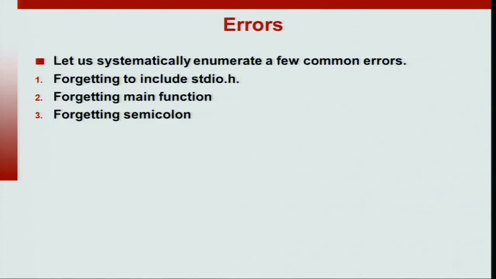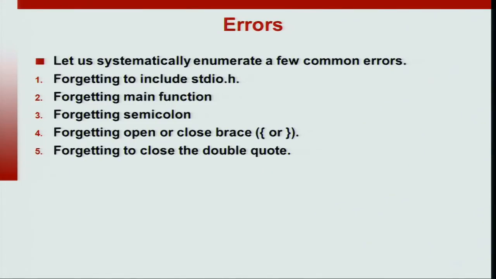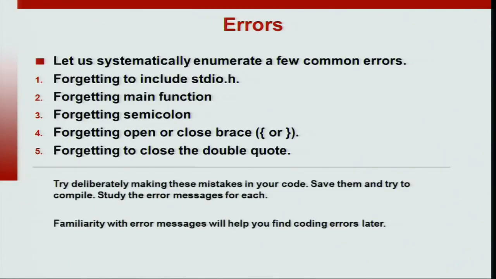You could forget to include the semicolon in the statement. You could forget to include the curly braces in main, or forget to open or close the double quote in the printf statement. So these are a few errors that you could make even in a simple code like what we have seen. We have only 3 lines, but they could also have errors.